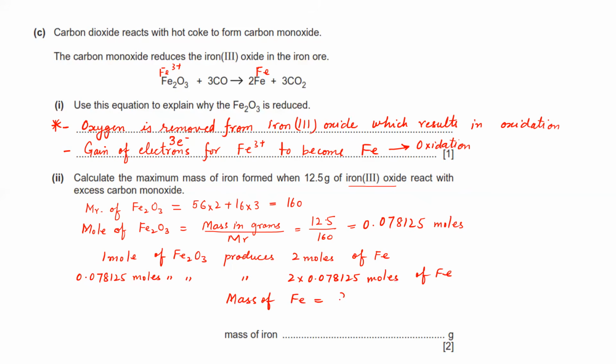So number of moles is 2 into 0.078125. This is the number of moles multiplied by Mr, that is 56, and this comes out to be 8.75 grams approximately. Remember, multiply by 2 multiplied by 56, 8.75 grams. So the answer is 8.75 grams of iron.